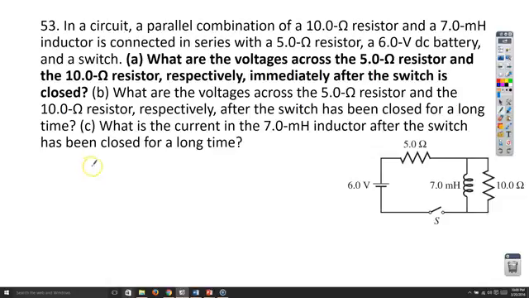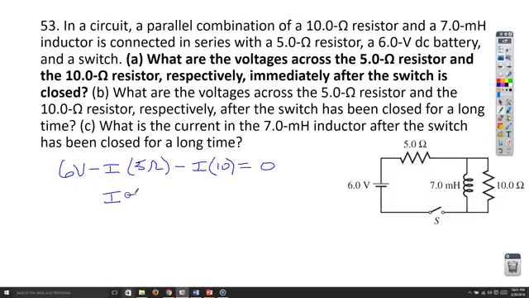So to find that current, we're going to take 6 volts and subtract off the current times the 5 ohm resistance, and then subtract off the current times the resistance of the 10 ohm resistor, and those should be equal to 0. Remember, I times R is just voltage, and the sum of the voltages according to Kirchhoff's rules should be equal to 0, so that's why we're able to do this.